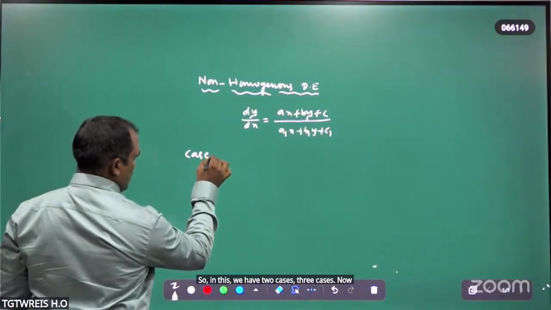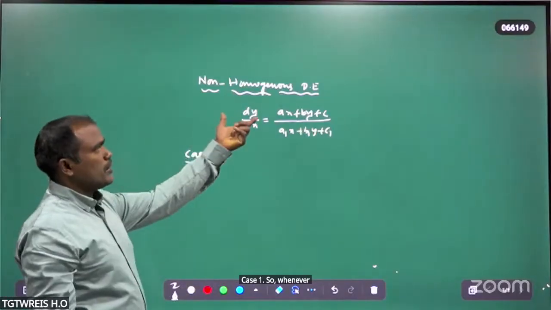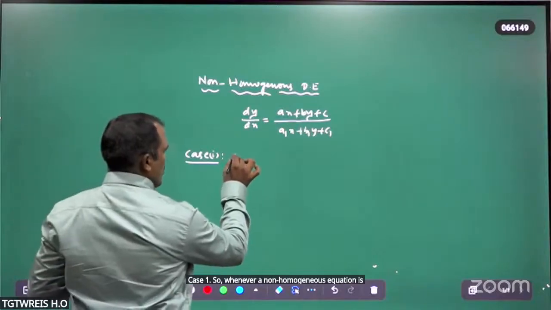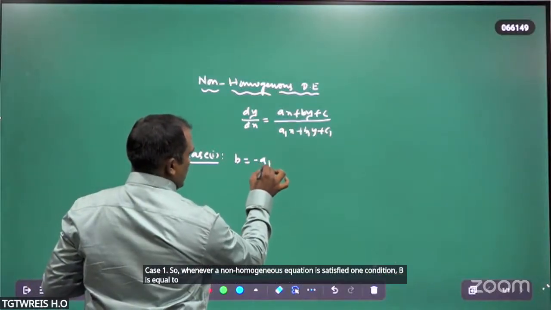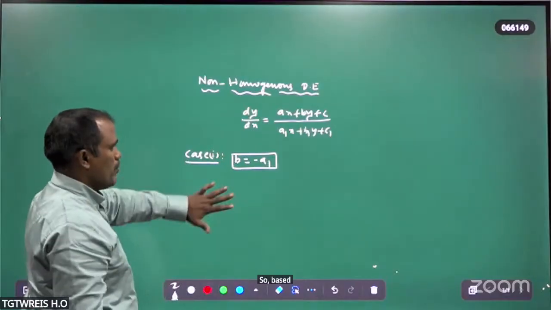Now case one. Whenever a non-homogeneous equation satisfies one condition, b is equal to minus a1, based on this condition we can do one method.